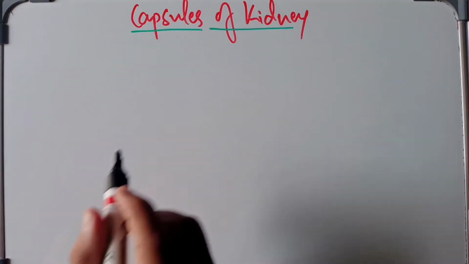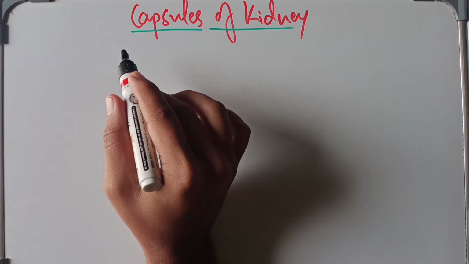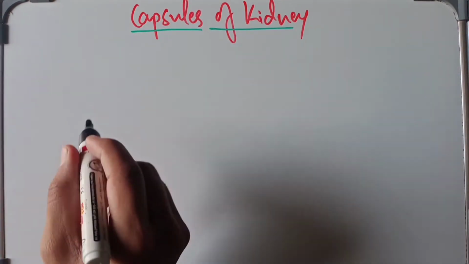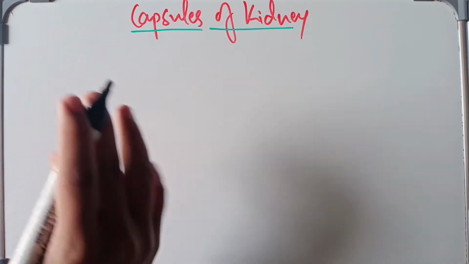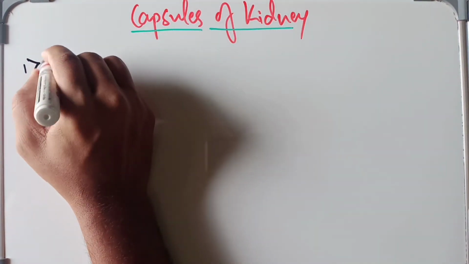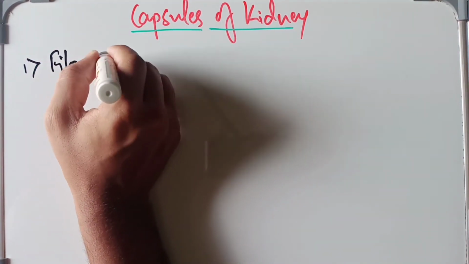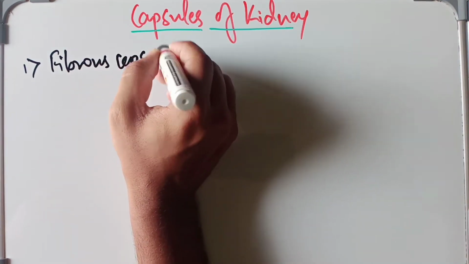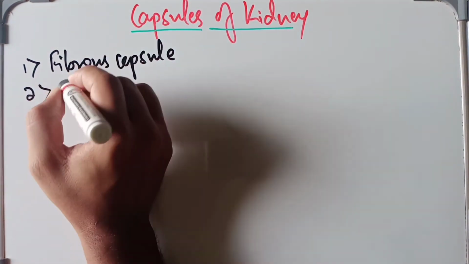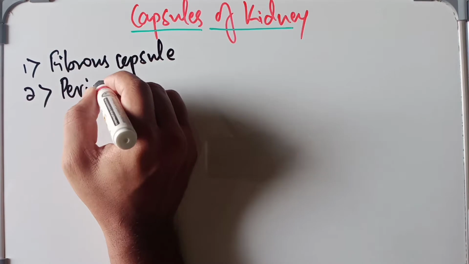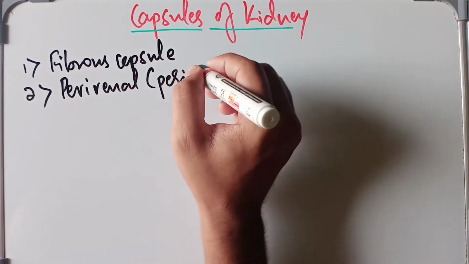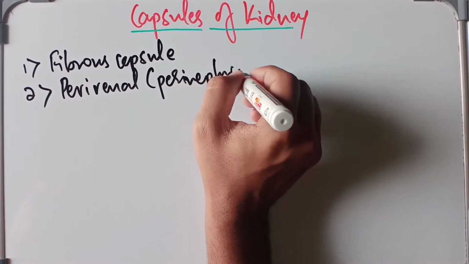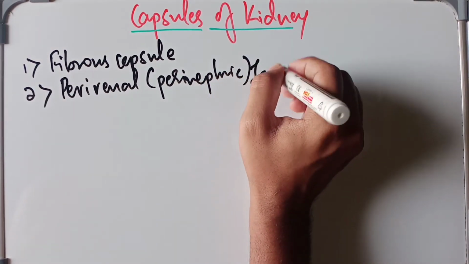So now that we have discussed the anatomy of the kidney, its external features and relations, now we look at the capsules of the kidney. From within outwards, the kidney is surrounded by 4 capsules. So what are the 4 capsules? We have the fibrous capsule, then the perirenal or perinephric fat.